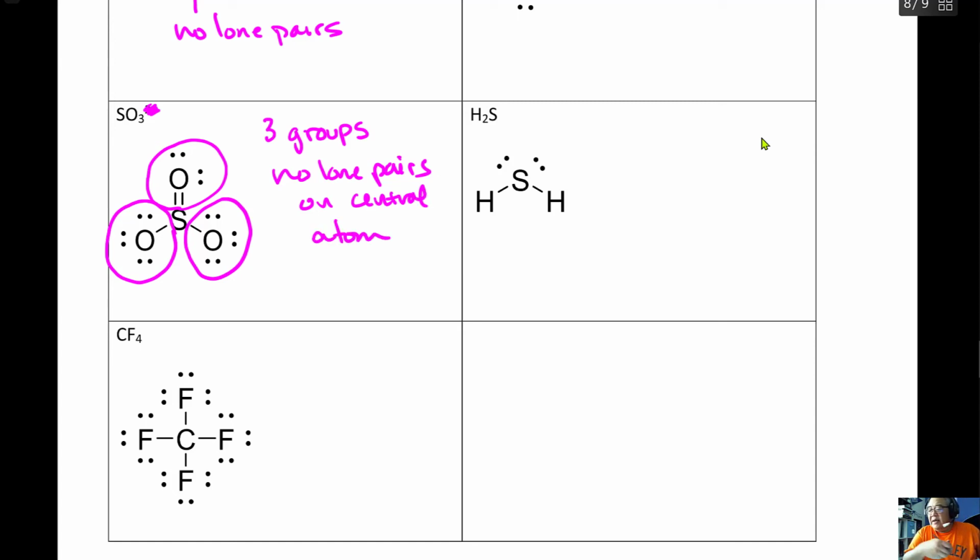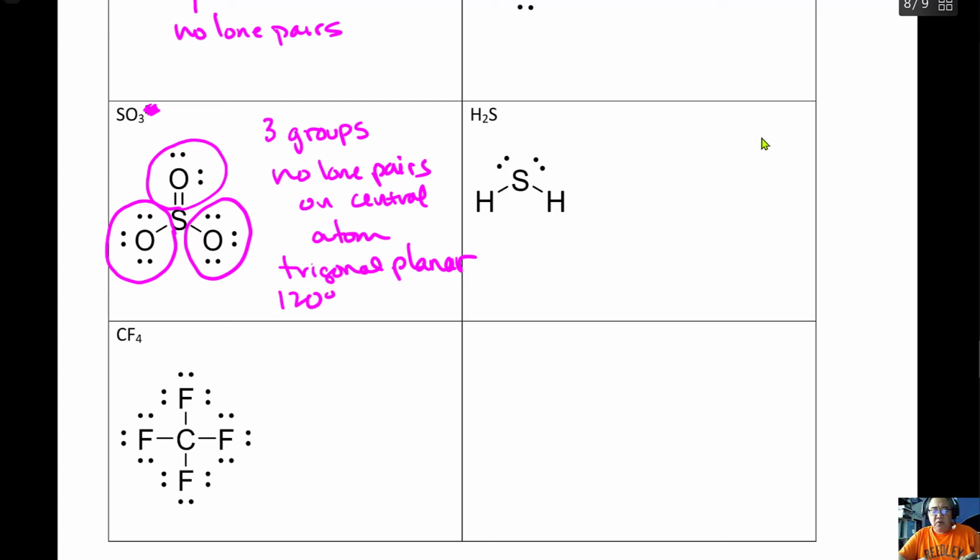And so think about that. If you have three groups, that's this, right? They can all be spaced apart from each other like that. And this is flat, right? So this is trigonal planar. And the bond angles are 120 degrees.